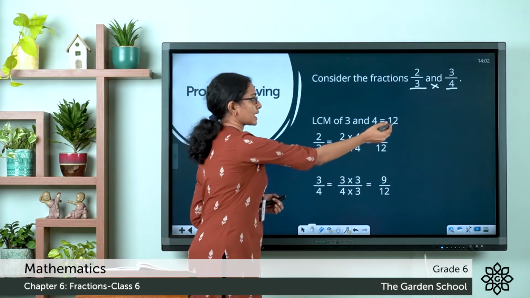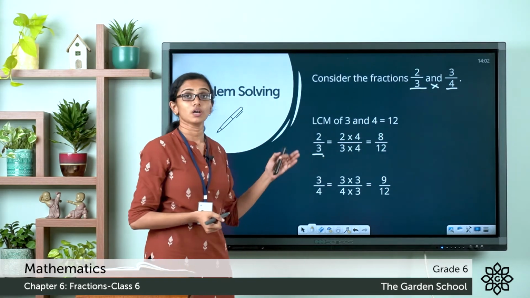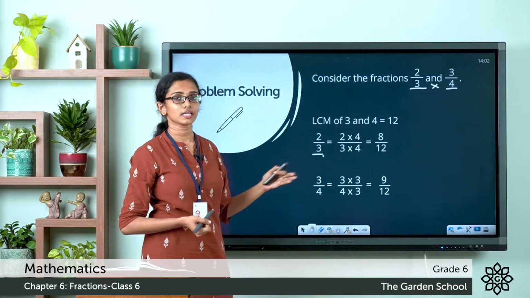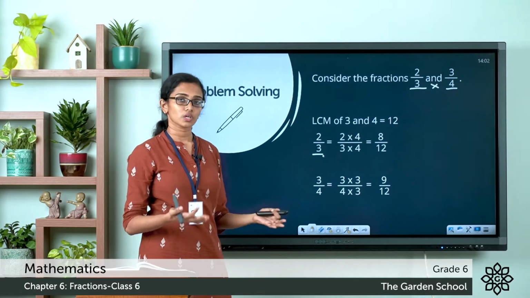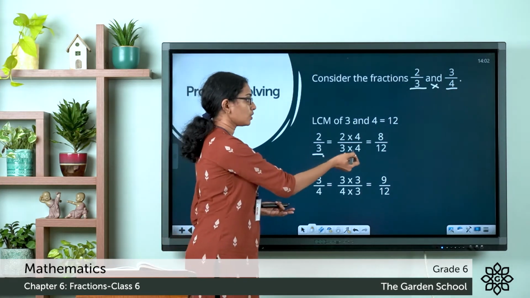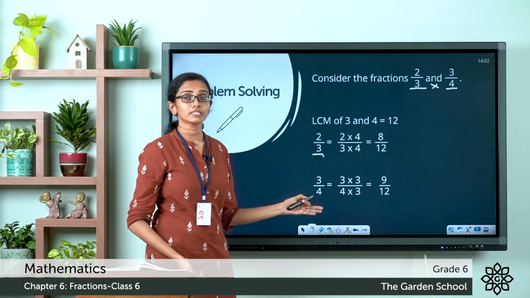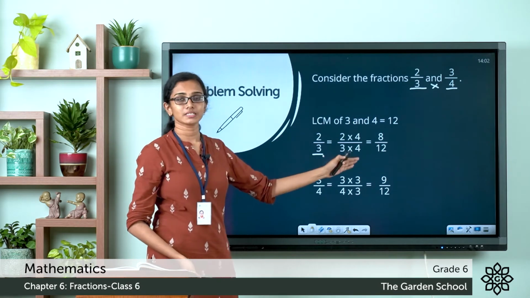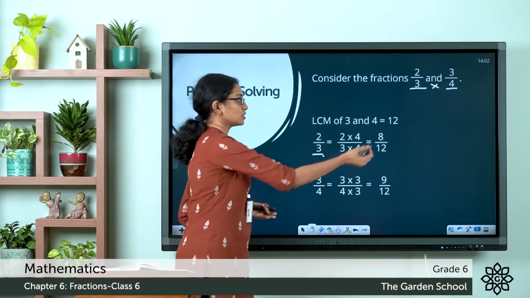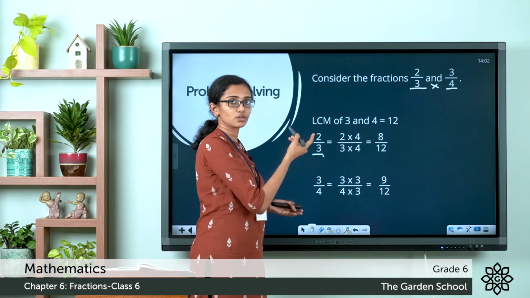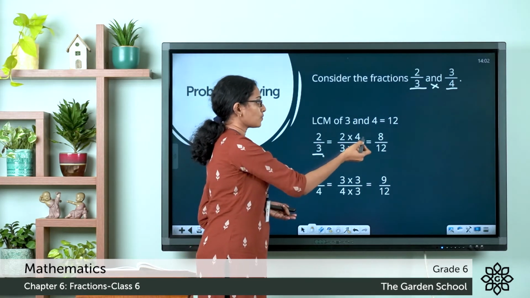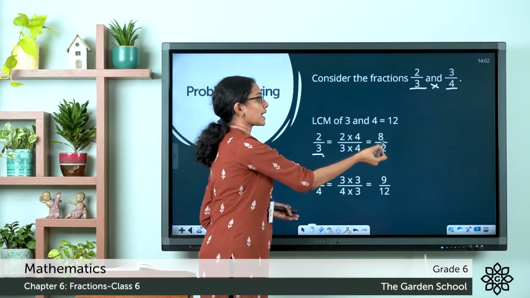We can divide this LCM by this denominator. So that means it is 12 divided by 3, which gives you 4. So if you multiply this 3 by 4, you'll get 12. You have to multiply the numerator also with the same number. So 2 into 4 by 3 into 4 gives you 8 by 12.